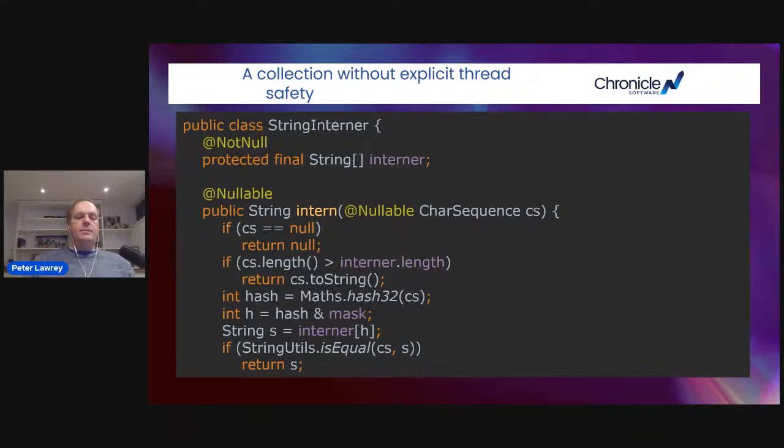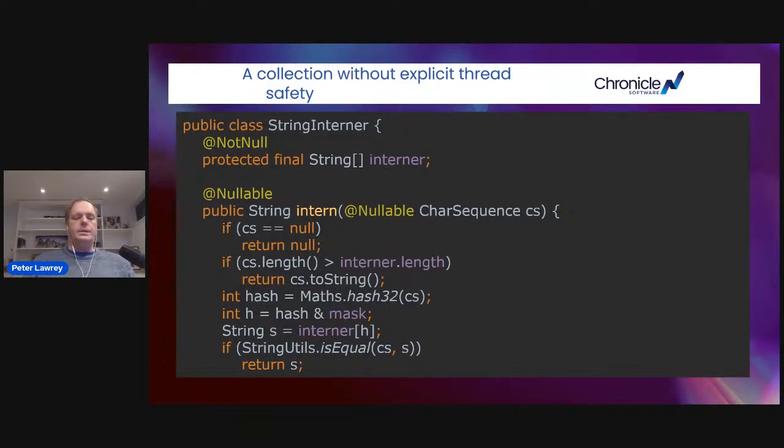Now, the reason I mention it is that what makes it interesting is that this class functions correctly without any explicit thread safety guarantees. It doesn't use locks, synchronized, or any kind of explicit memory barriers. There's no volatile, there are no fences explicitly in the code.